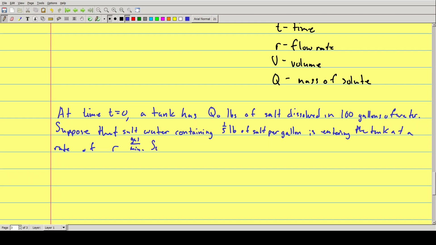Okay. The solution is draining at the same rate. Okay. And what we want to do is to determine an equation that will tell us the mass of salt in the tank at time t.